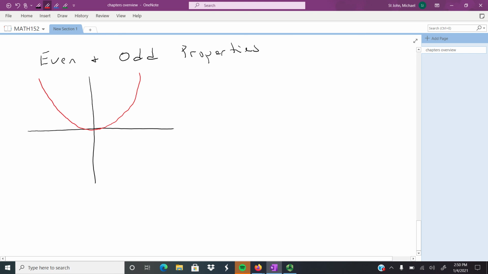So this is even, after all, it is symmetrical about the y-axis, right? And so even, if you integrate from negative a to a of f of x dx, it would be the same as 2 times the integral of 0 to a f of x dx.